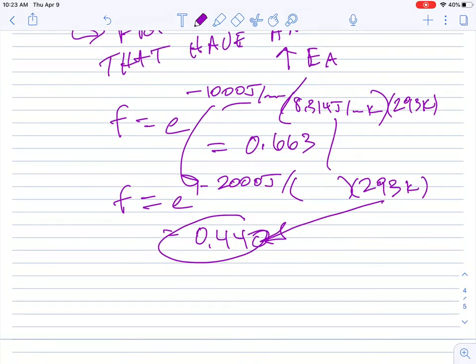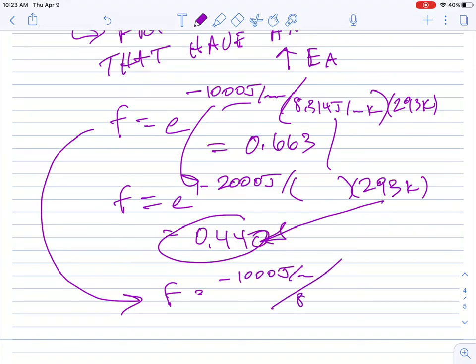Now, if you go back to this first one, let's play the what if game again. Let's say we still had that same activation energy. We still had the same R, joules per mole Kelvin. And now, let's say that we've dropped that temperature to 203 Kelvin. Okay? Hold on. Now, we went from 293 Kelvin to 203 Kelvin.